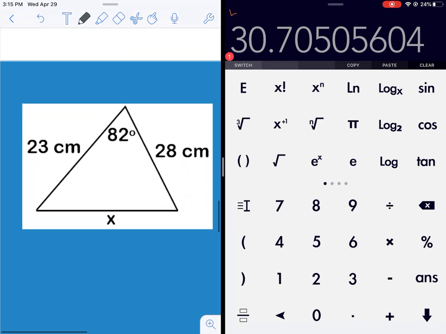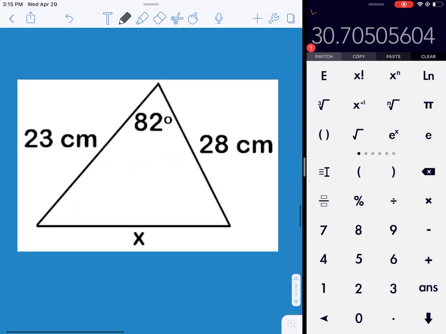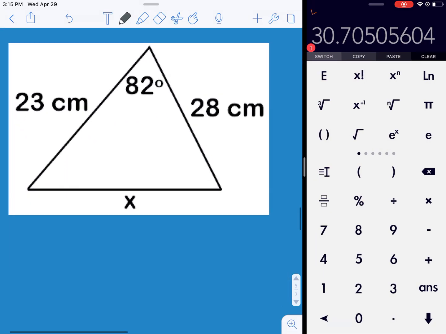All right, we're asked to find x again. Again, I'm going to start with my formula. C squared equals a squared plus b squared minus 2 times a times b times the cosine of C. This is the side I'm looking for, and this is the angle I have.